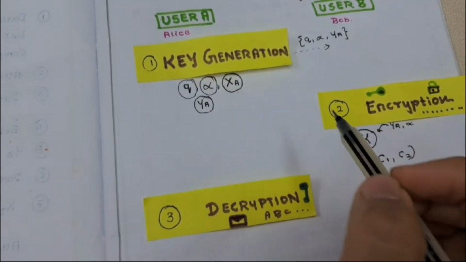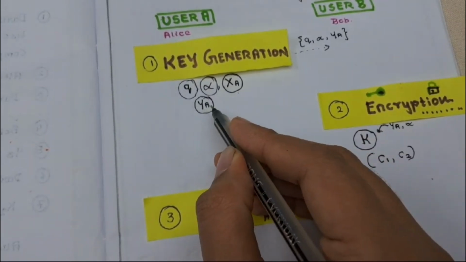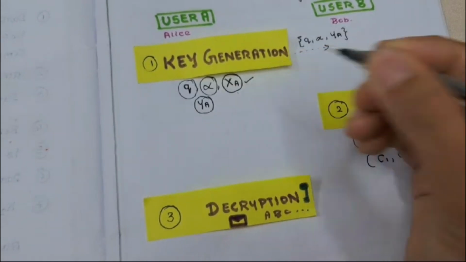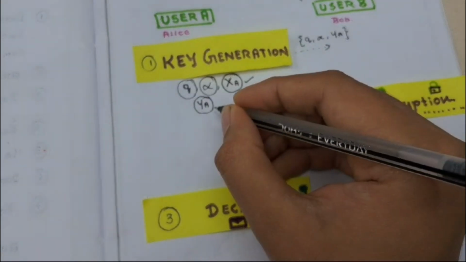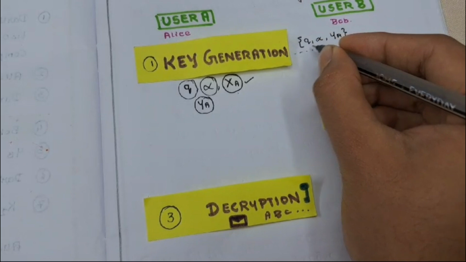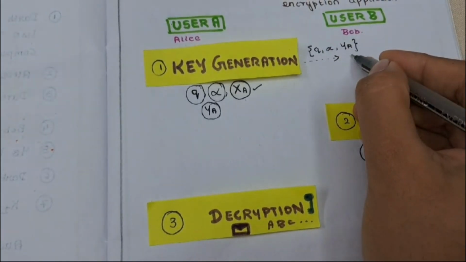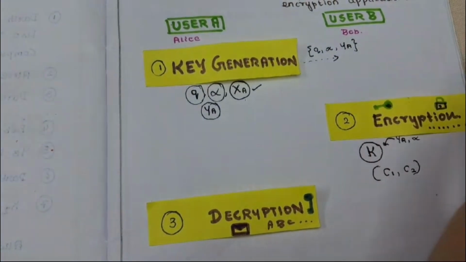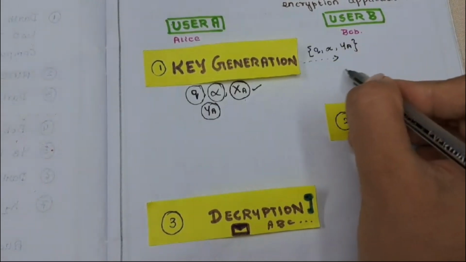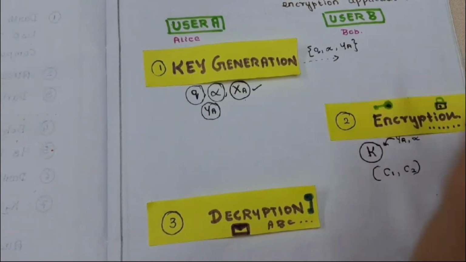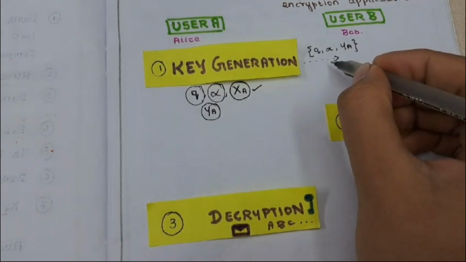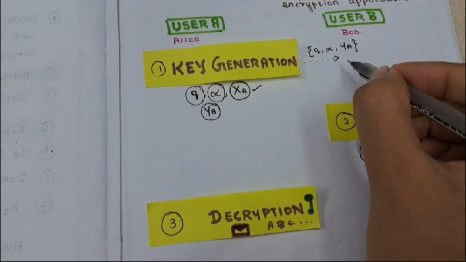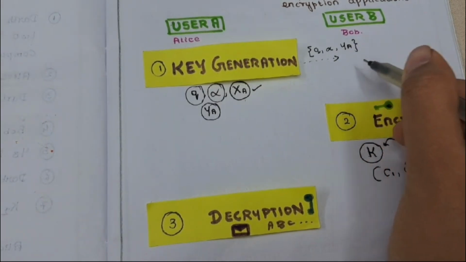We are going to keep this as the private key and send Q, alpha and YA to the public. This is made publicly available to user B. How is it available? We'll be seeing that in key distribution and management practices.